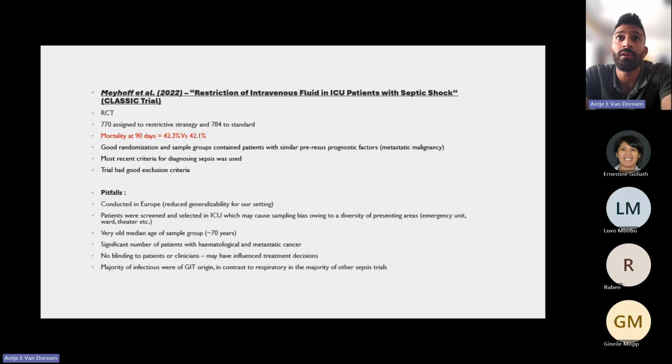However, the study was quite rife with pitfalls. Well, for one, it was conducted purely in Europe, which made generalizability quite limited for our setting.